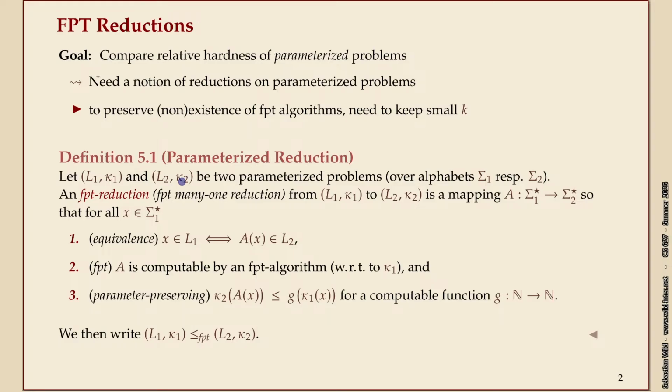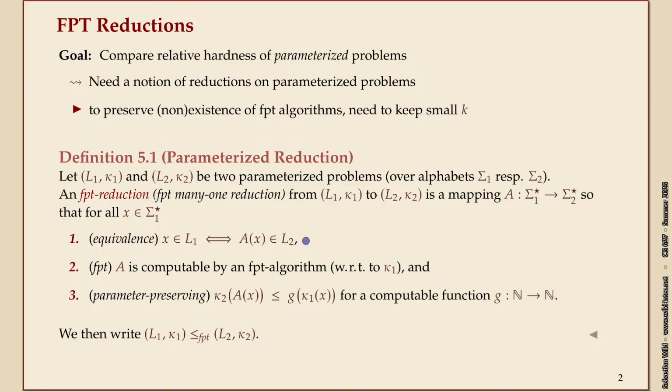So we have two such parameterized problems, and then an FPT reduction from (L1, kappa 1) to (L2, kappa 2) is an algorithm or a function, a mapping that takes some word where L1 is taken from, produces a word that L2 is taken from, so that for all inputs x to this mapping A, we have that x is in language L1 if and only if the output from the mapping is in L2.